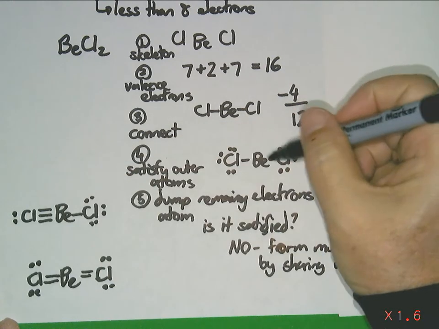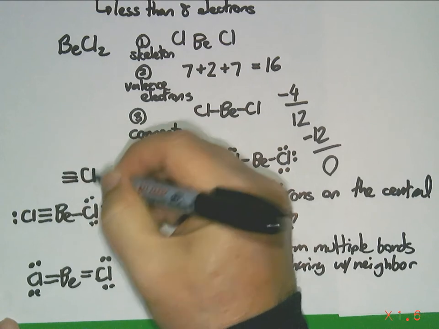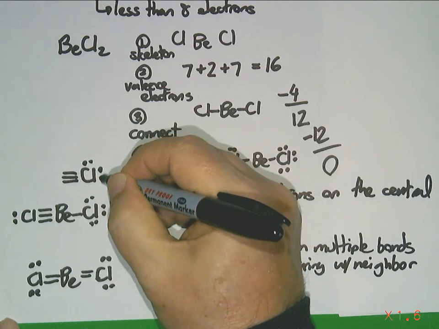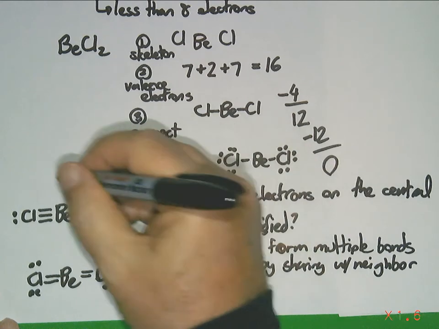Or I could share a pair here and a pair here and get a structure that looks like this. So I'm getting three possible structures here. Whoops. Nothing up there, just two dots there.